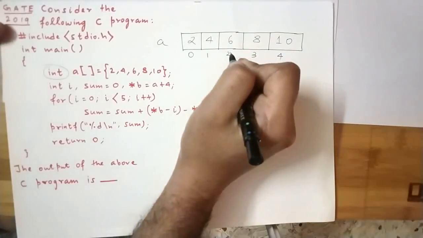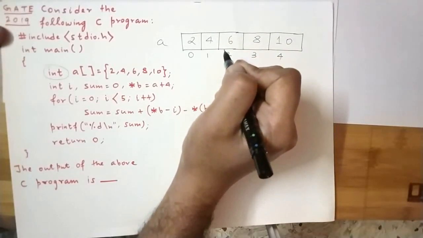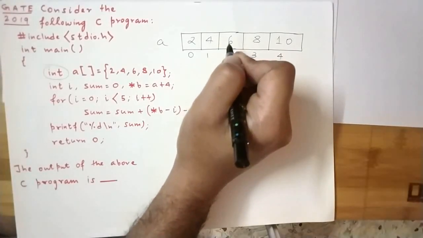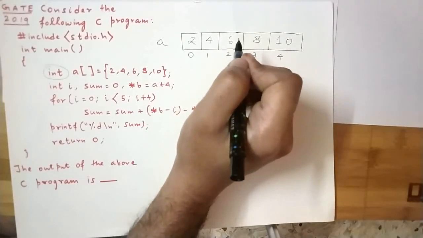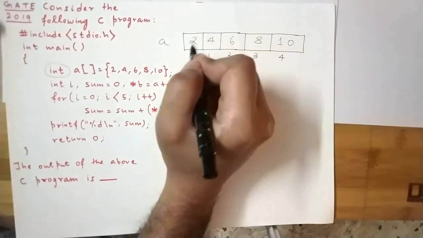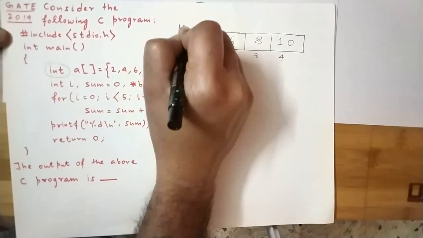Each of these array elements, as you probably know, is a variable. An array is a collection of variables. Since every variable is a named memory location, every array element will get a unique address. The first index, let's assume it has an address of 1000.